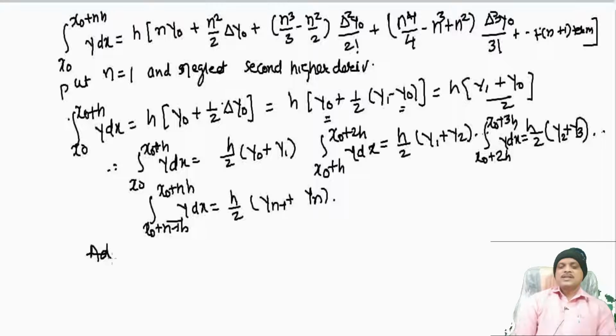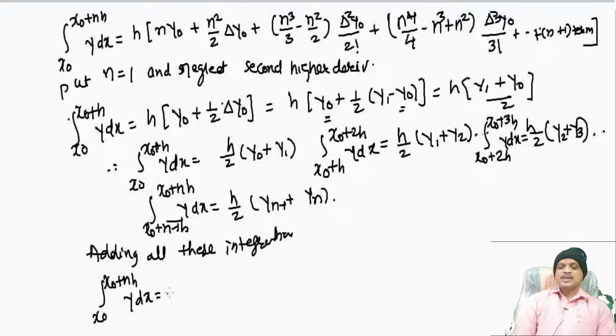So adding all these integrations, we have the integration from x0 to x0 plus nh of y dx equals h by 2 as a common factor.